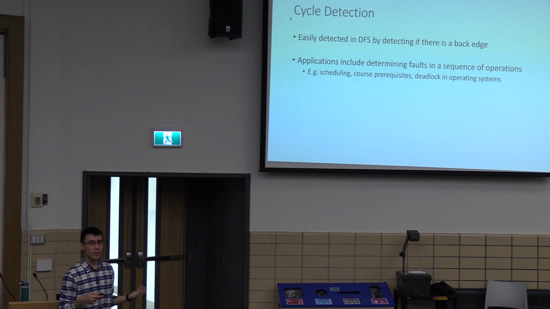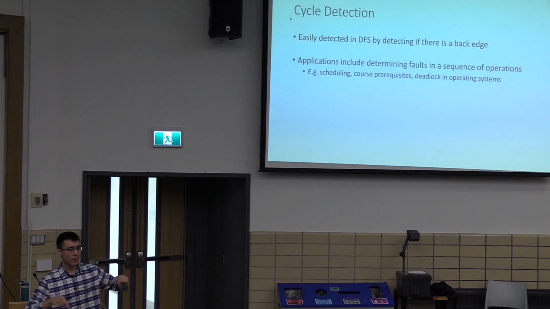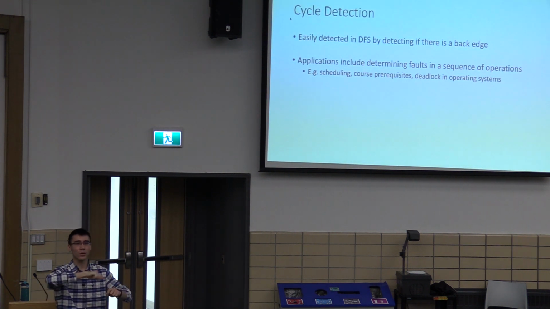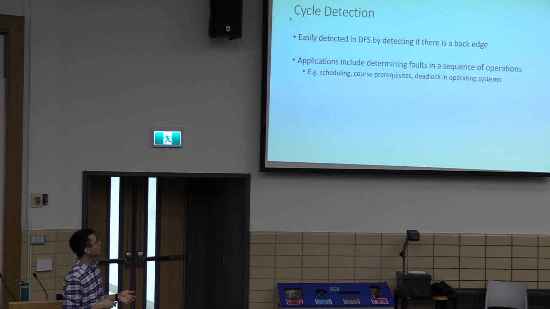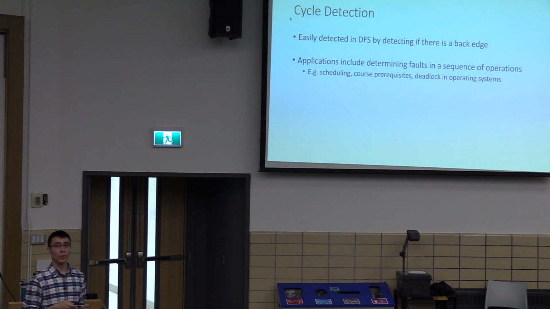If you ever have a cycle within your space of courses, then you know that you're doing something illegal. There's no way that you can take the courses that you really want to take like that. And then also deadlock in operating systems, which is a little bit more of an advanced topic that you might see in a third-year course.